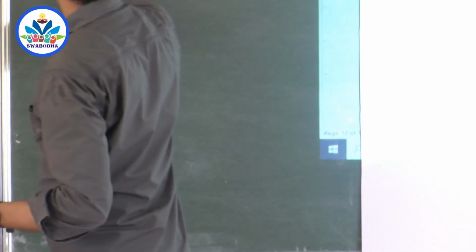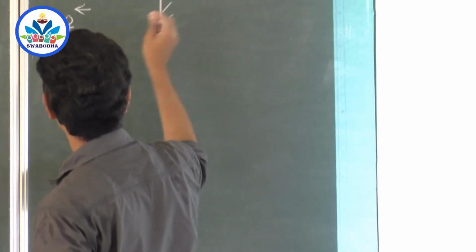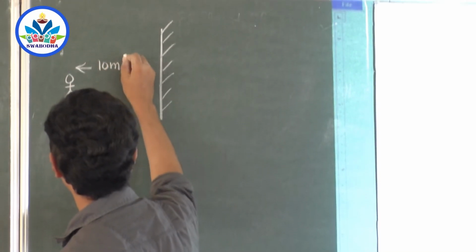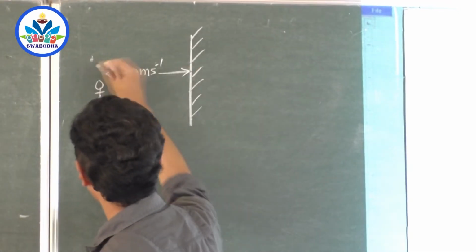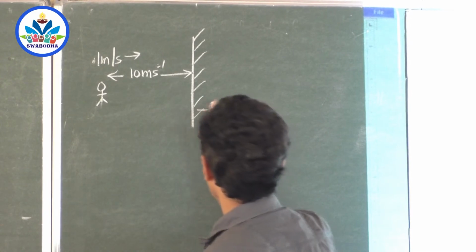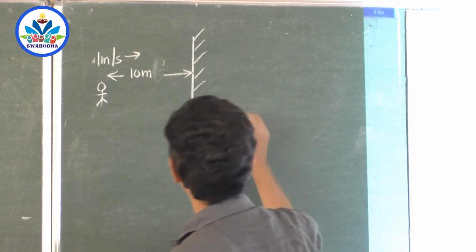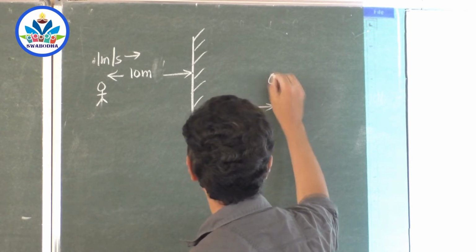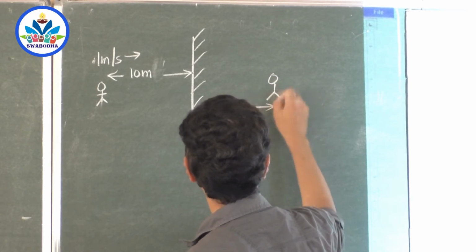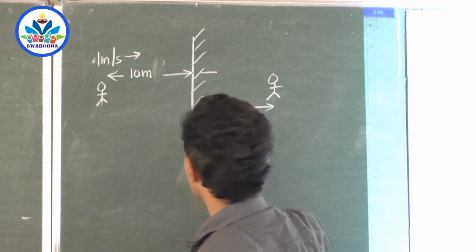I am standing at a distance of 10 meters from the mirror, and the observer was planning to run at a speed of 1 meter per second towards the mirror. The object is at a distance of 10 meters, and the image is also 10 meters behind the mirror.